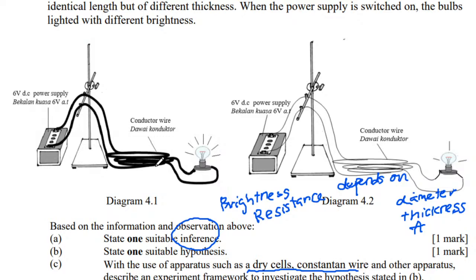Okay, but hypothesis, don't use the word brightness anymore. Because we don't have instrument in physics lab so far. So in your syllabus, we don't have instrument to measure the brightness of bulb. So the brightness of the bulb here actually represents the resistance of the conductor. Okay, so when you write your hypothesis, how do you write your hypothesis?